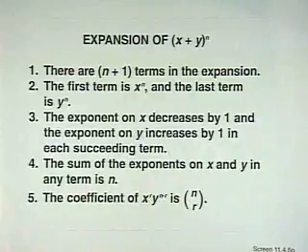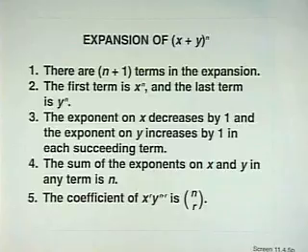Now, let's look at some summarization of what we know so far about the expansion of x plus y to the nth power. Since we start with x to the nth power and we work our way down to where the x value doesn't appear at all, there are n plus 1 terms in the expansion. The first term will be x to the nth power. The last term is y to the nth.